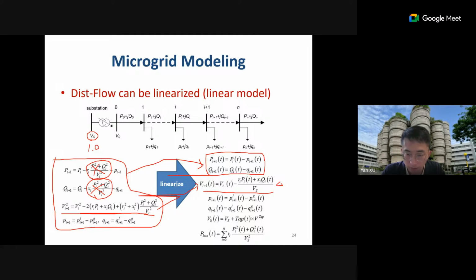So now you can see the voltage also becomes linear, right? This is linear, this is also linear, and all the remaining are linear as well. And for the voltage, if we have the tap change ratio, defined by tap, you can see this is also linear.